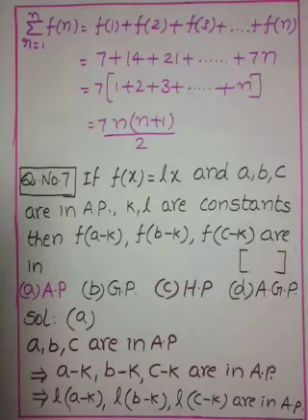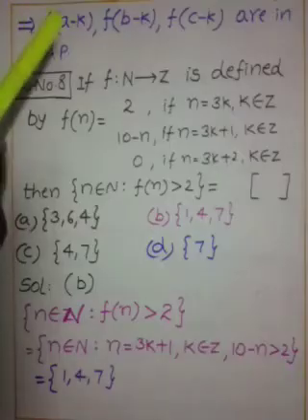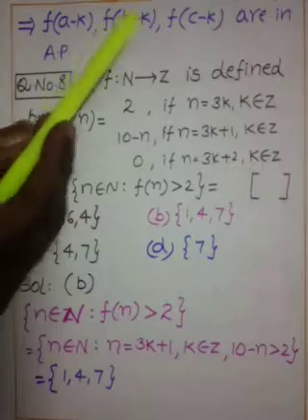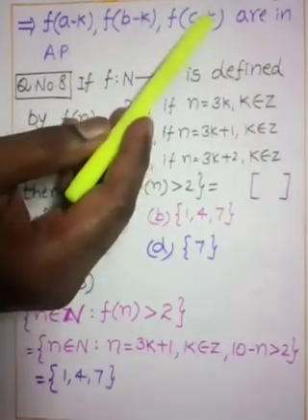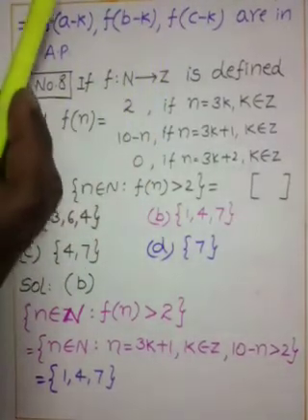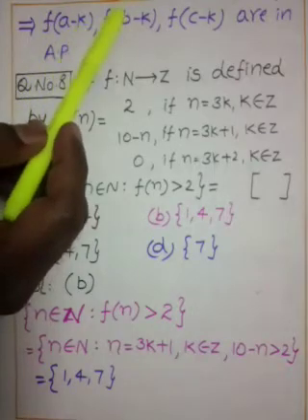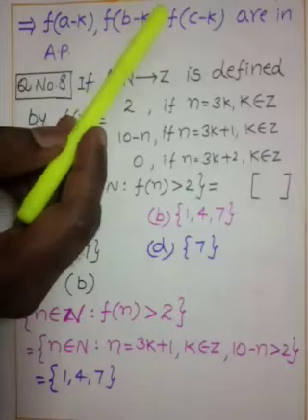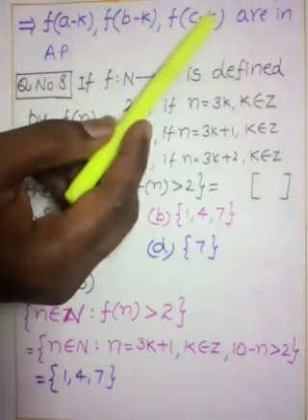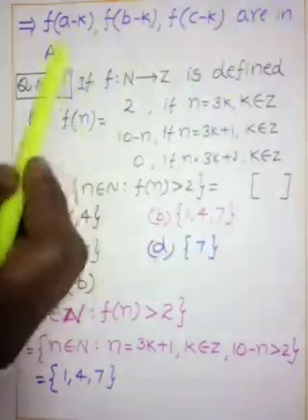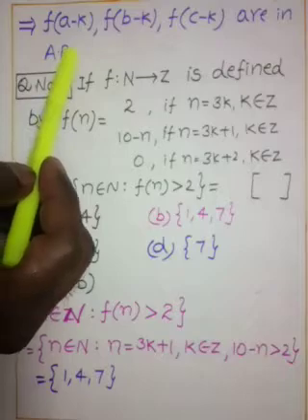Understood, my children? Right. This implies f of a minus k, comma f of b minus k, comma f of c minus k. The above three terms can be written like this: the first term is f of a minus k, the second term is f of b minus k, the third term is f of c minus k. So these three terms are in AP. Understood the solution, my dear children?